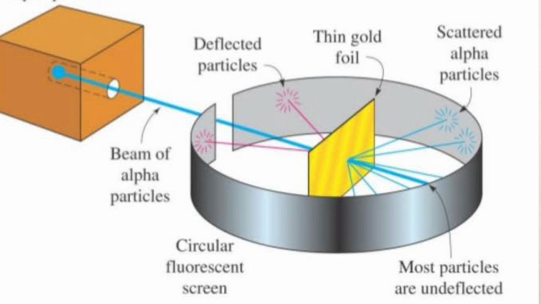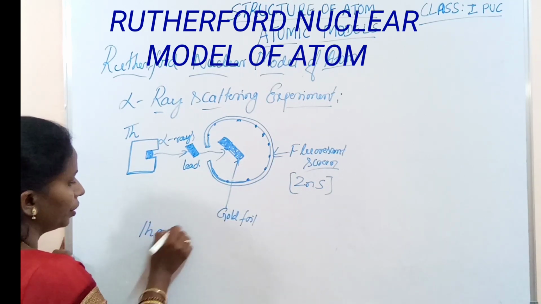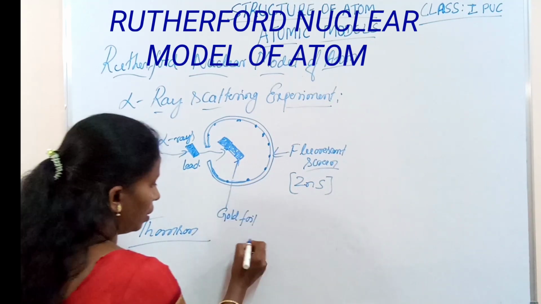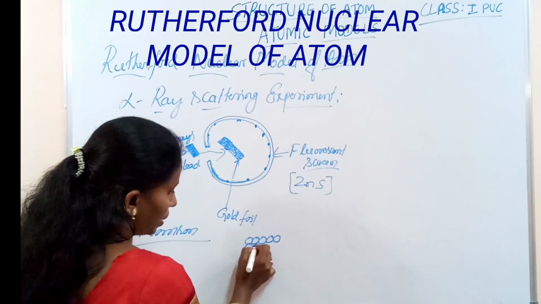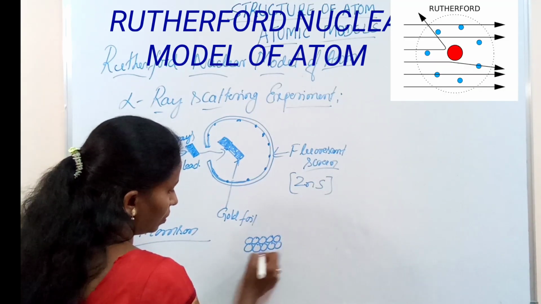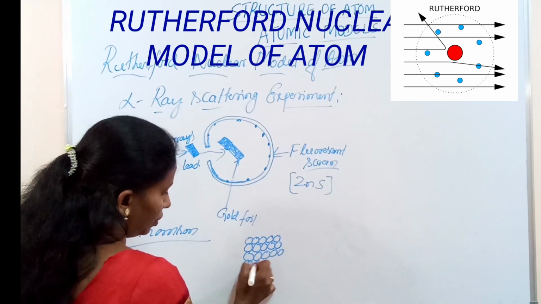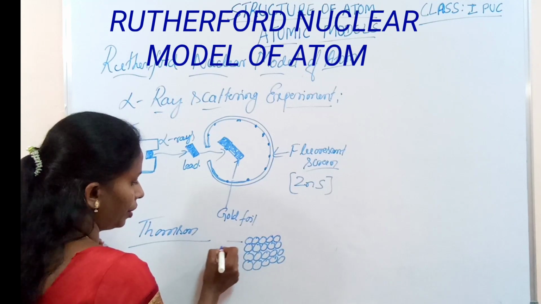So they allowed alpha particles to fall on the gold foil. According to Thomson, an atom is a positively charged particle, and the mass of an atom is uniformly distributed in the whole atom.